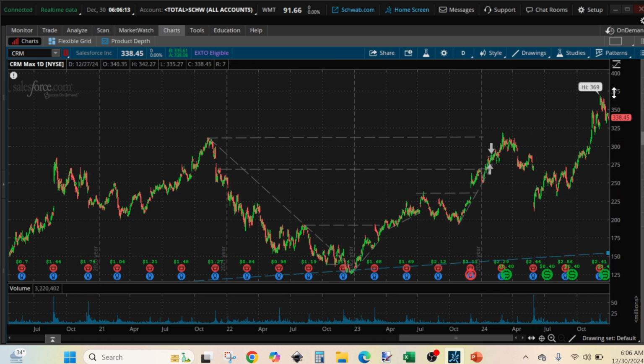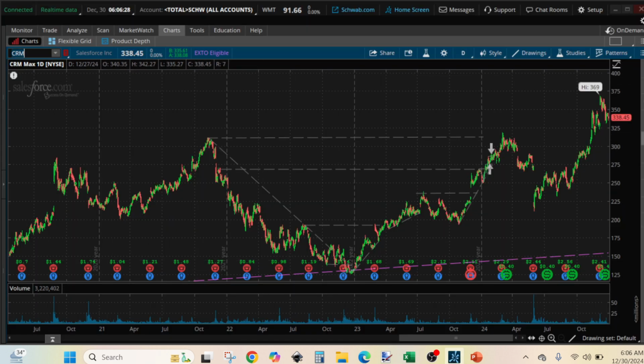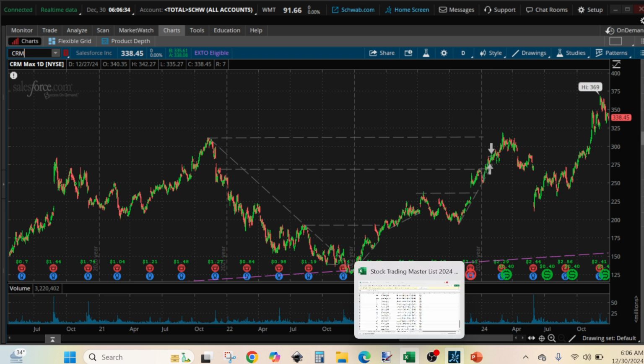But other than that, I'm not really doing anything with it when it's far from it. Therefore, that allows me to quickly analyze the chart. And I can analyze the charts of multiple stocks that way, since I don't have to closely analyze every single one of them.